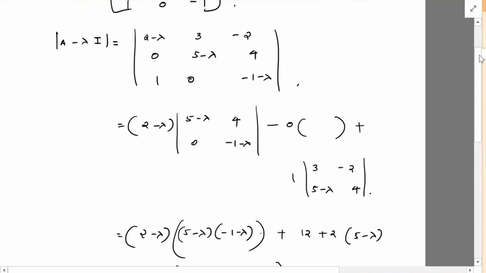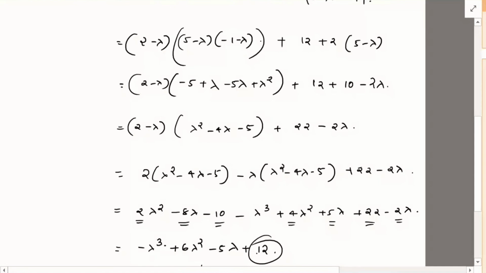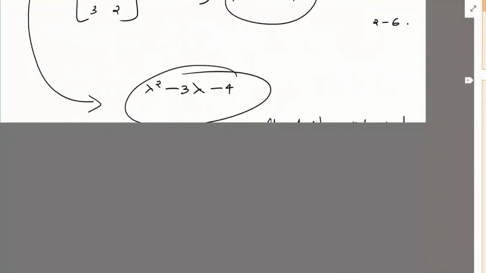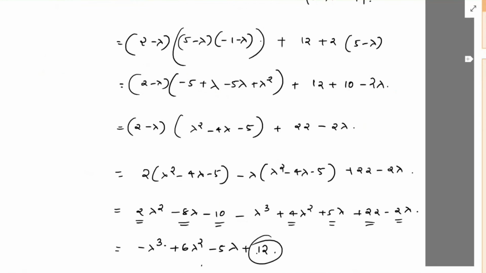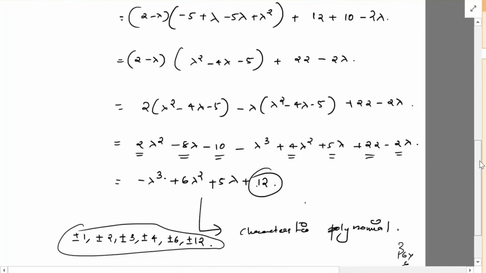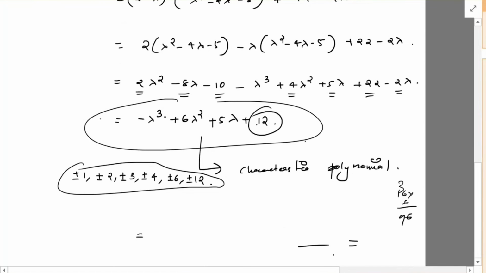So if you take the determinant of A minus lambda, it is supposed to give minus lambda cube plus 6 lambda square plus 5 lambda plus 12. That is the actual characteristic polynomial of that matrix. Now, like I said, take the divisors of the constant term, which are plus or minus 1, plus or minus 2, plus or minus 3, plus or minus 4, plus or minus 6, and plus or minus 12.